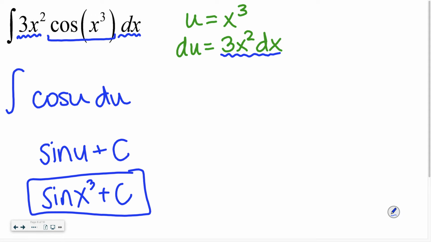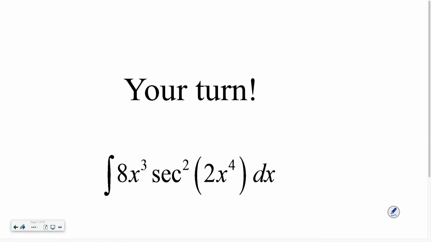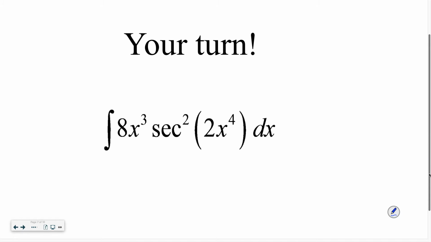All right, you ready to do one by yourself? Yeah. Max has confidence. Okay, I want you to work on this one. I do not mind if you use the assistance of your peers, okay? For sure, I would like you to check your answers with the people that you sit by. I want to make sure you're getting to the same place.